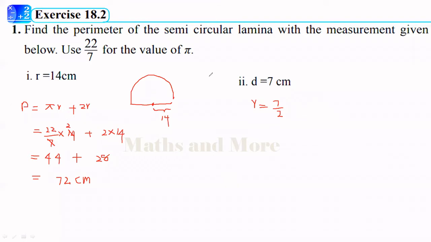Now let's use the same formula because they ask for the perimeter. P is 5r plus 2r. Perimeter of a semicircle, 5r plus 2r. Now here the value of 5 is 22 over 7 in all the problems.